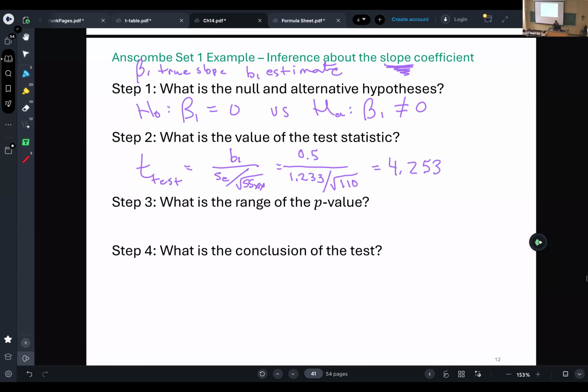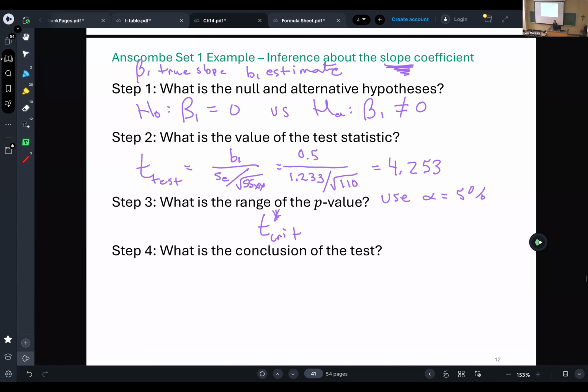Now we just need to get the critical value. We can get the range of the p-value, but we'll do the critical value too. We're going to use alpha, 5% or 0.05, and we're going to get that critical value. So how many degrees of freedom does this test have? Pardon? 10? There were 11 points, right?